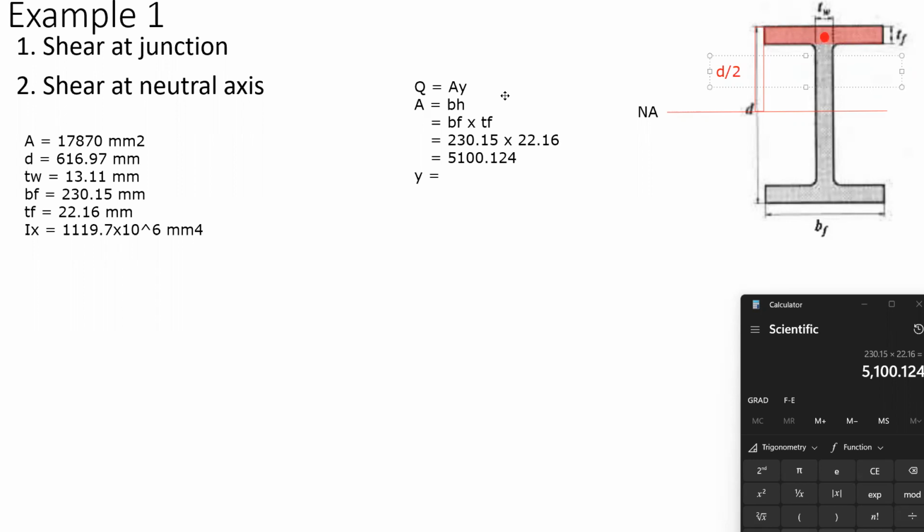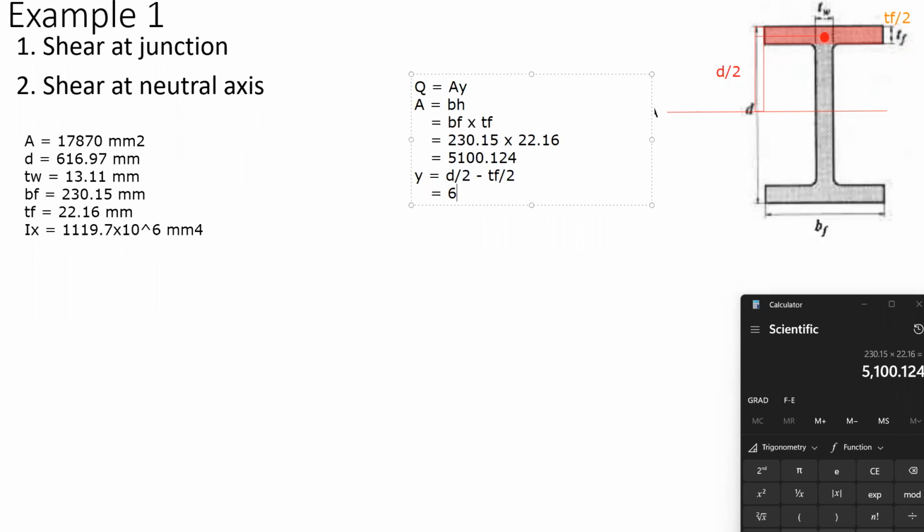From that midpoint up to here, we have to get this area, and this is simply 1/2 of TF. So to solve for y bar, or the moment arm, this is now D over 2 minus TF over 2.